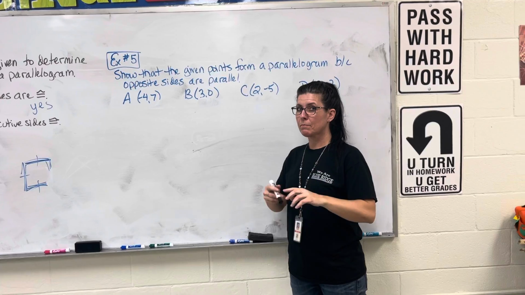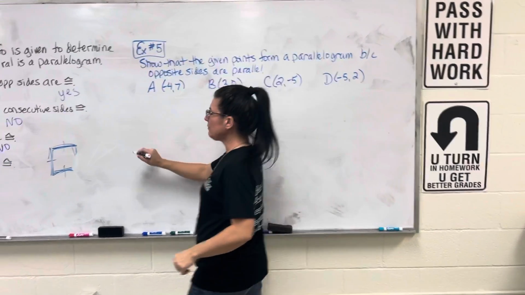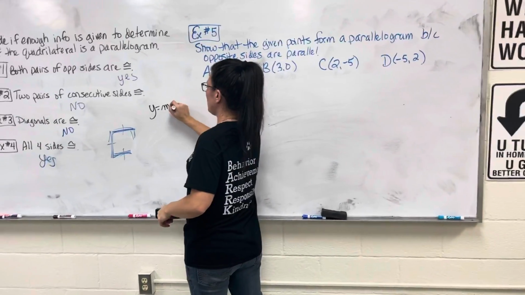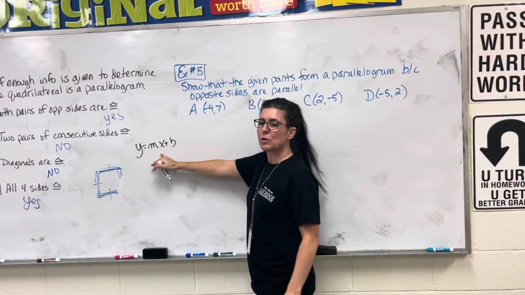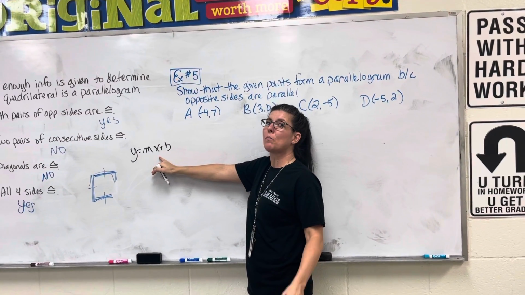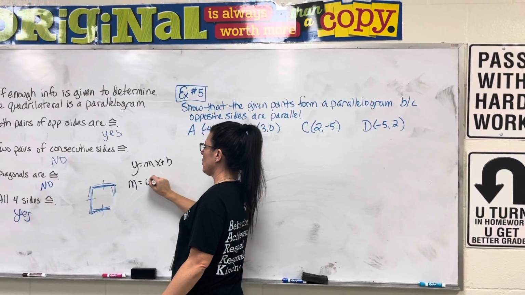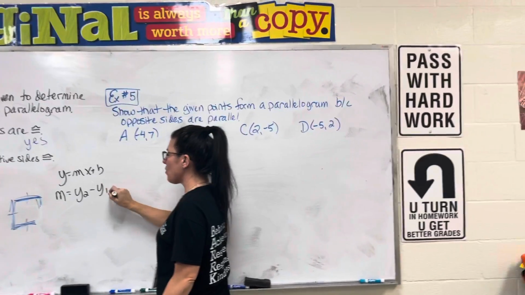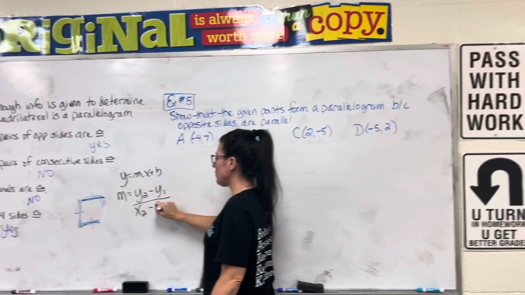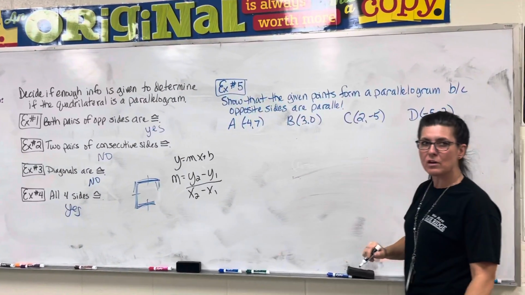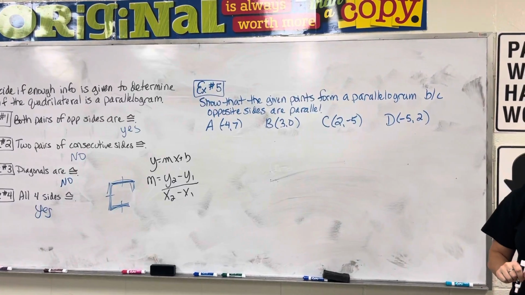Oh, y equals mx plus b. No. That's slope-intercept. This is your y equals mx plus b, your slope-intercept formula. We need the slope formula. Wait, is it the y minus y1? Oh no. y2 minus y1 over x2 minus x1. Remember, change in y over change in x. Do you guys remember that?